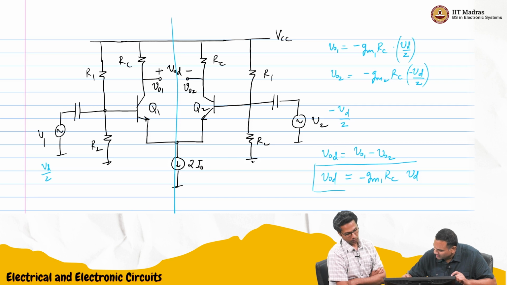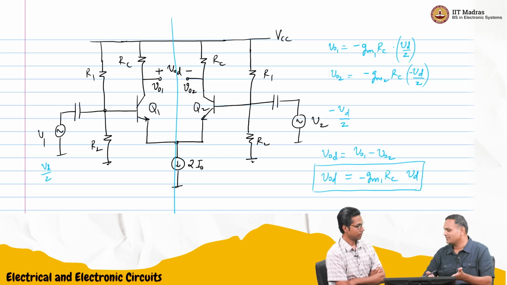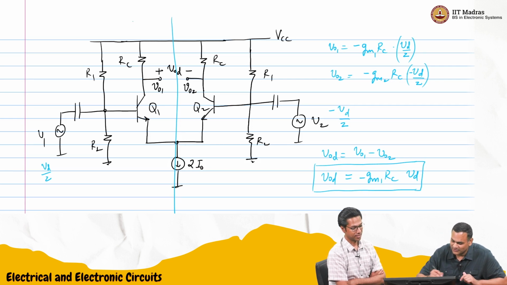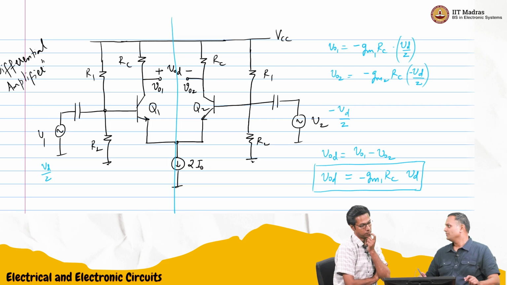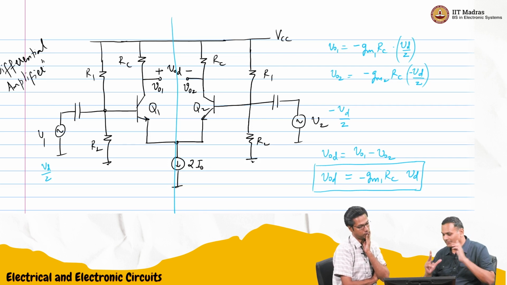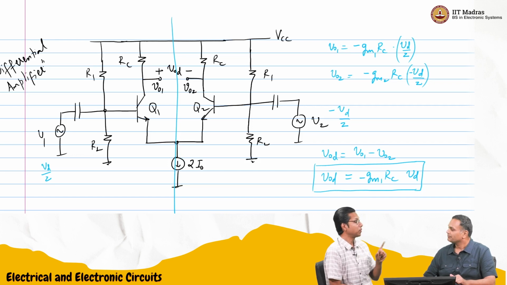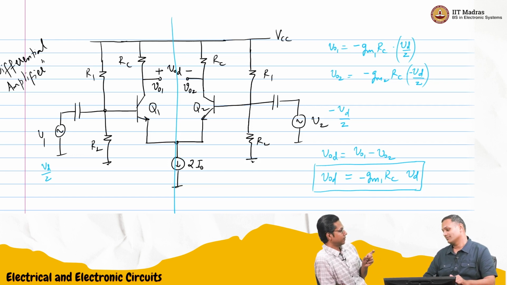So this is the classic expression for the gain of this differential amplifier. So this circuit amplifies the difference between V1 and V2. If V1 and V2 are the same, then the output is 0.